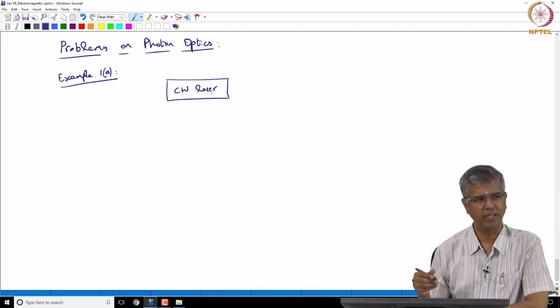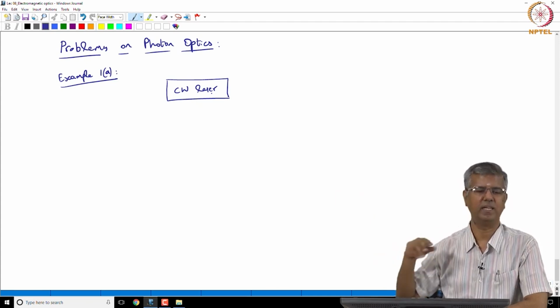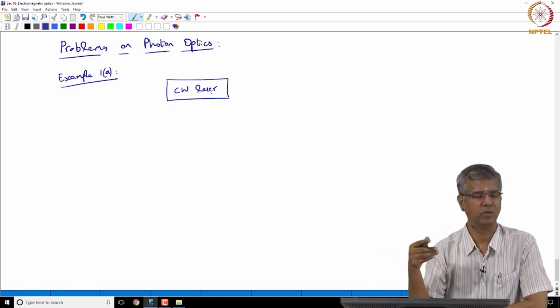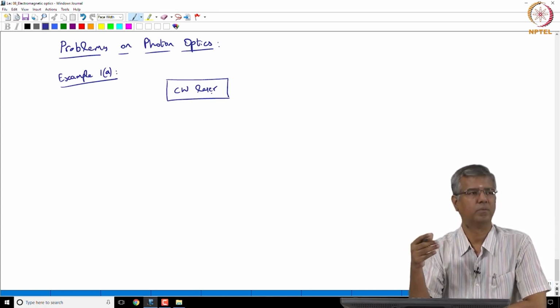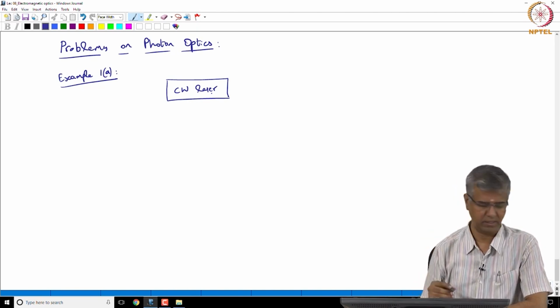Of course, we'll find that it's sort of a misnomer, because we talk about continuous wave as in continuously propagating as waves, but what we are actually going to look at is the photon emitting properties of this laser.